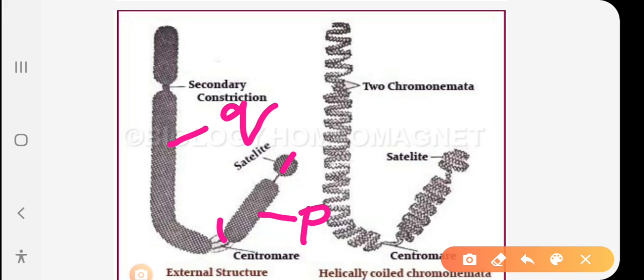What will happen? A chromosome without a centromere cannot segregate or separate to either of the poles during cell division. That's why they are eliminated during cell division, right? They can lead to lethal mutations, because from one generation to another the chromosome number is very specific for a species, for an organism, right?